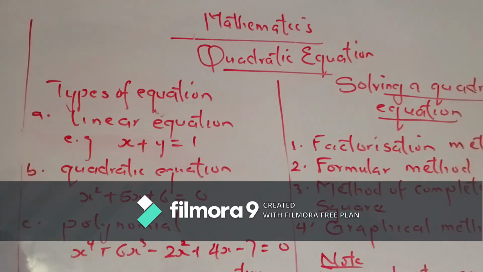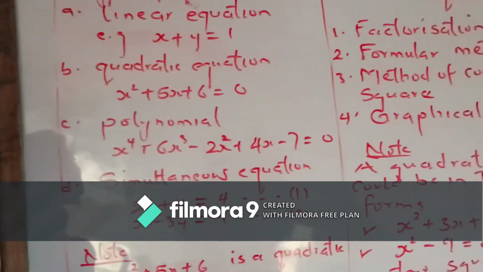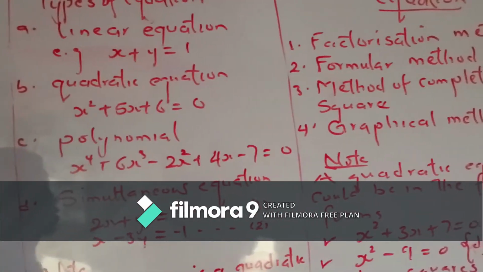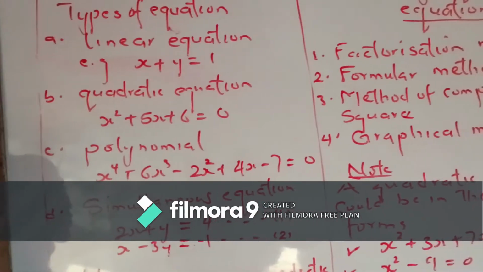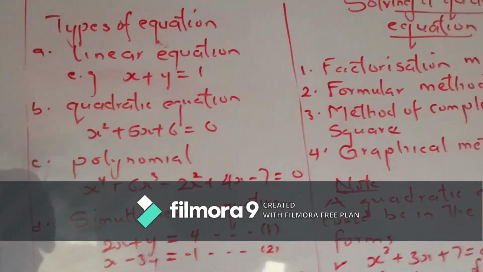Then we have simultaneous equations in which we have two different equations. Sometimes simultaneous equations could be two linear equations, or one linear and one quadratic equation.